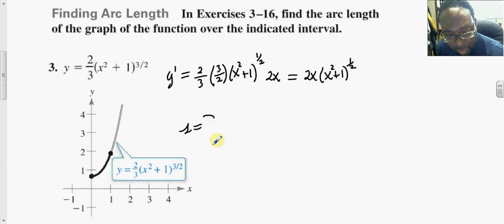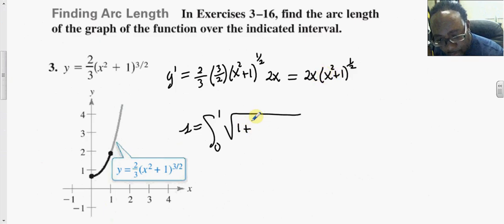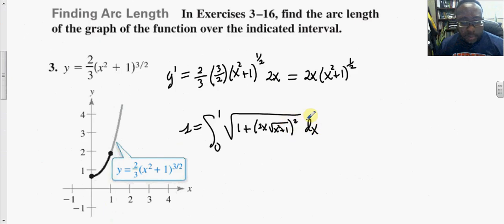So the arc length is the integral from 0 to 1 of the square root of 1 plus this derivative squared, so 1 plus 2x times the square root of x squared plus 1, squared, dx.